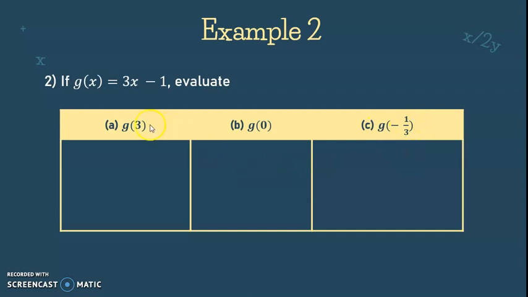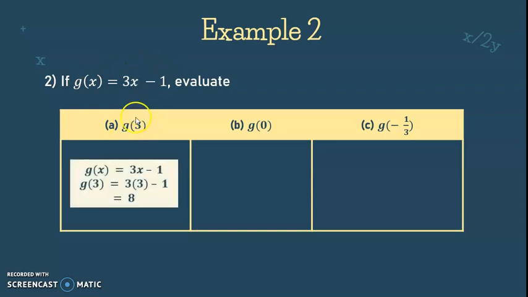Okay, so the value inside this bracket, we call that as input value. Alright, so let's do the first one first. So if the input value is 3, the output value will be 8. Okay, now pause this video and try to do 2b and also 2c.